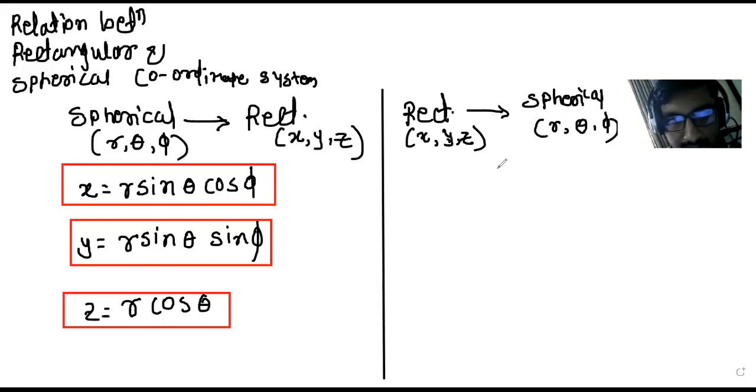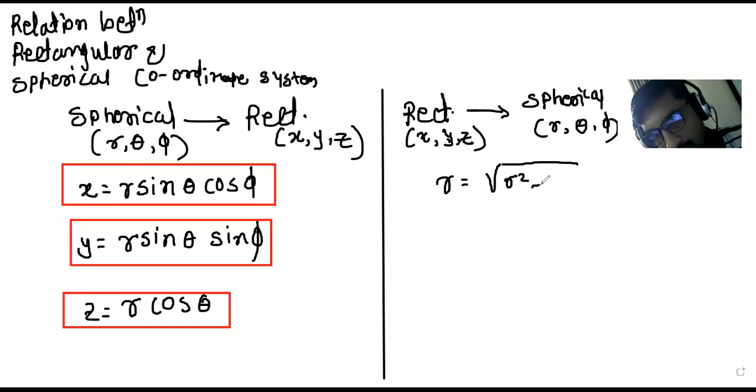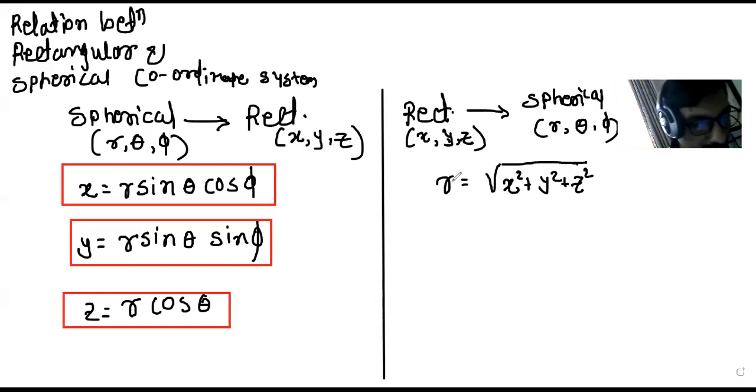For r, we have the equation under root x square plus y square plus z square.